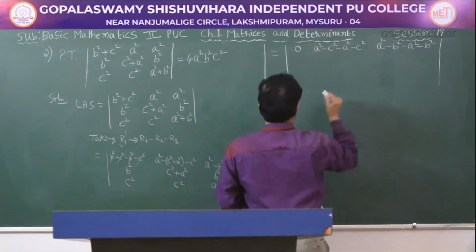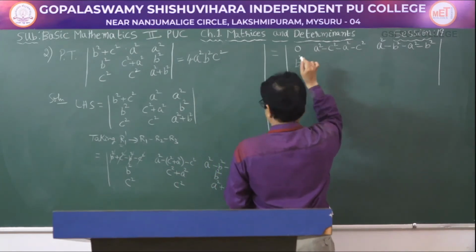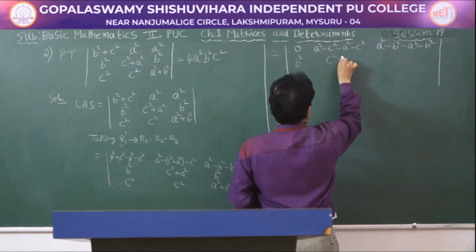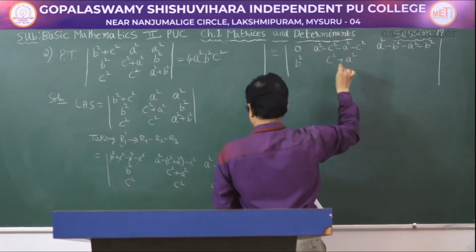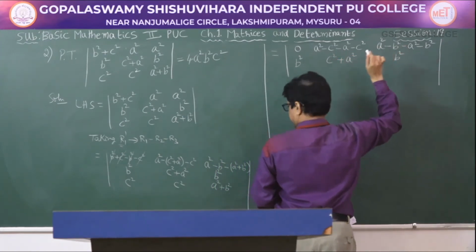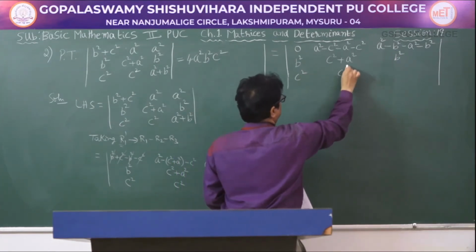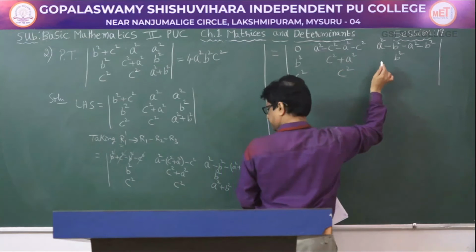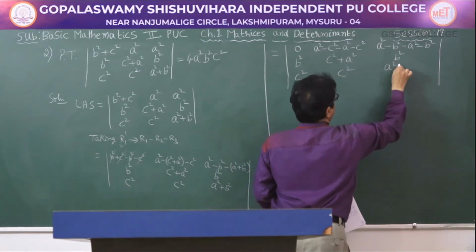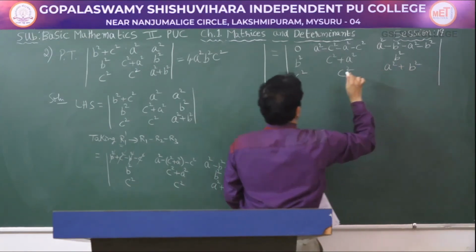So this row remains as it is, B square, C square plus A square, B square. Last row is C square, C square, A square plus B square.